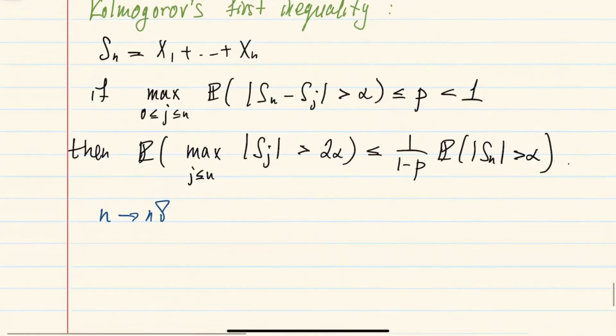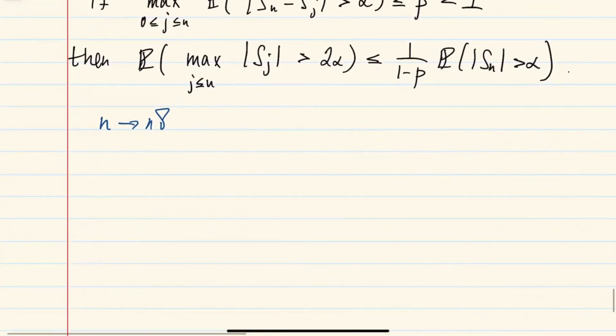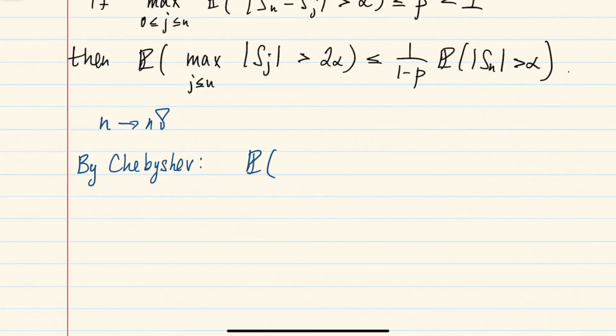By Chebyshev, we want to control the probability that the tail, Sn delta minus Sj, which is just the sum between j and n delta of our sequence xi, exceeds some alpha.